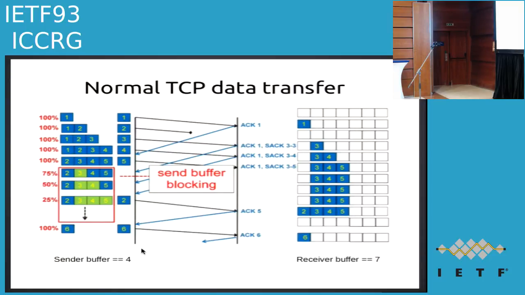Even if you have a larger receiver buffer, you cannot benefit from this size. In green, it represents the packets that have been SACKed but cannot be freed from the sender memory until the reception of a cumulative acknowledgement that will free all these packets. So you observe a decrease in the performance of the sender buffer.